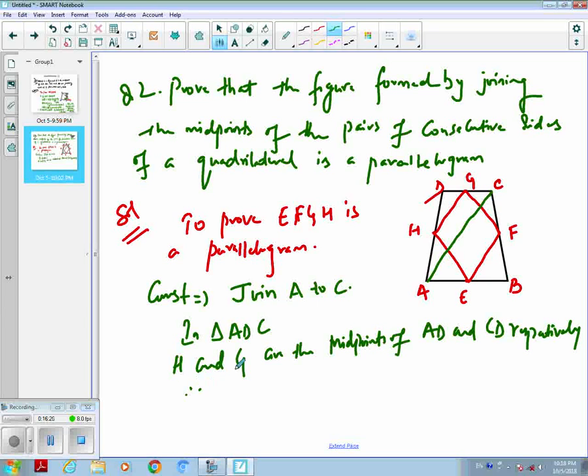Therefore, HG is parallel to AC and is half of AC. This is by midpoint theorem.